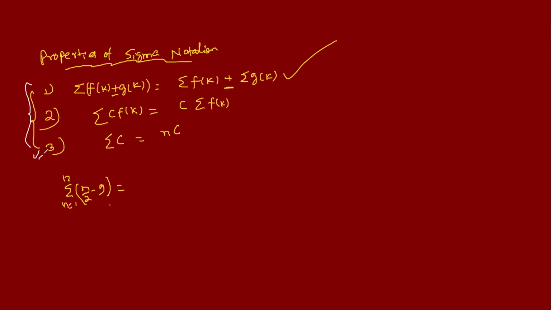So first of all, split into two parts. Which formula will you use? The first one. And in the second thing, it's n over 2, so you will use the second formula. What is C? C is 1 over 2. Can you write n over 2 into 1 over 2?